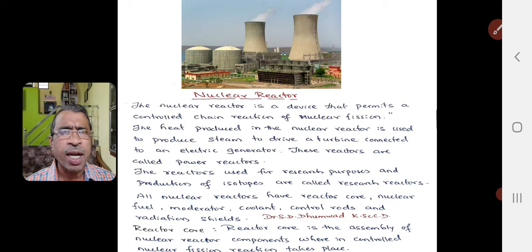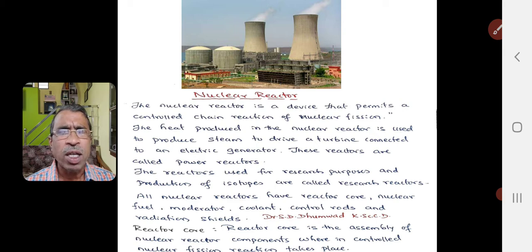All nuclear reactors have a reactor core, nuclear fuel, moderator, coolant, control rods and radiation shields. So there are two types of nuclear reactors. One is the power reactor, which generates electricity.